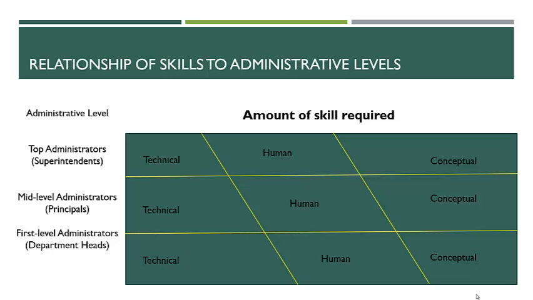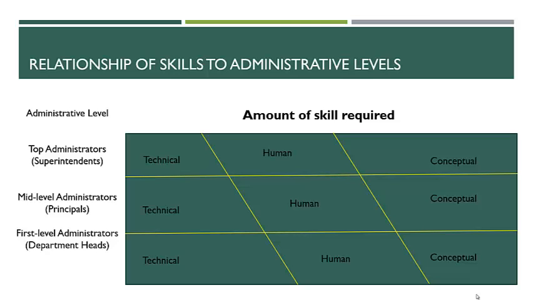So let's take a look at a chart here just to give you an idea. You can see at the bottom of this chart we have department heads. And then we have principals, and then we have superintendents at the top. And you can imagine if we were to add a layer at the bottom and put classroom teachers, that these rays in the chart would continue at this angle, so that a teacher is primarily working and spending most of their time with technical skills, and obviously that's what we would want a teacher to do.